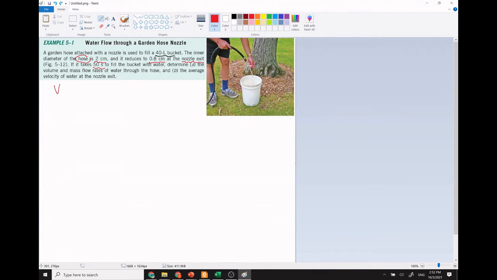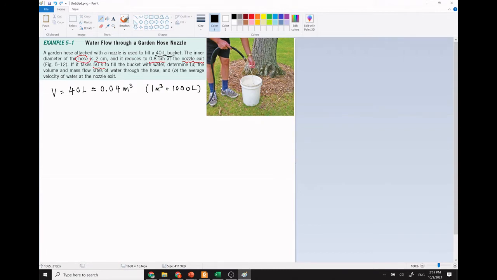So the volume of the bucket is 40 liter. You can also convert that into meter cube, which is 0.04 meter cube, because 1 meter cube equals 1000 liter.